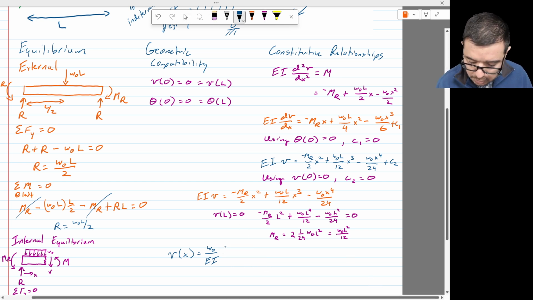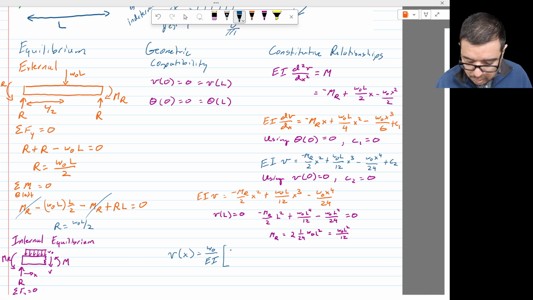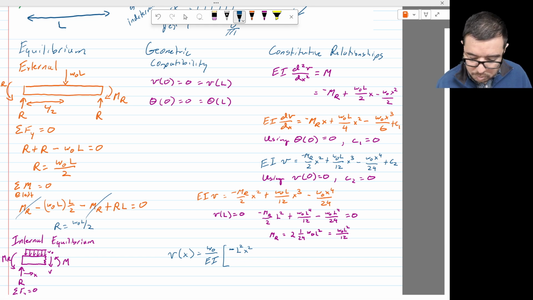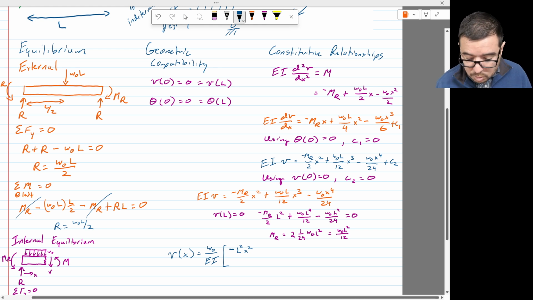So, changing things up a little bit. So W naught over EI, this will give us a minus L squared x squared over 12. Now, maybe it would be nice to bring a 12 out. Does that sound good? Or maybe a 24. Sure, we can bring a 24 out. So let's do that.